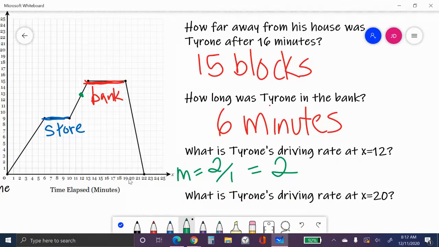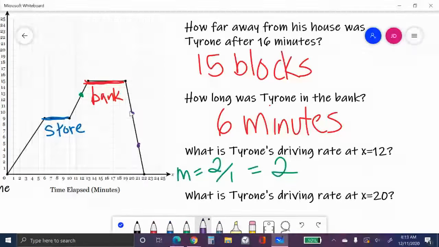What's his rate at 20? We'll do this in a different color. At 20 minutes, we're going to make a little dot where it hits. This one's going down. 1, 2, 3, 4 over 1. Or is it 5 over 1? I can't see. 1, 2, 3, 4, 5 over 1. It looks like it's going 5 over 1.